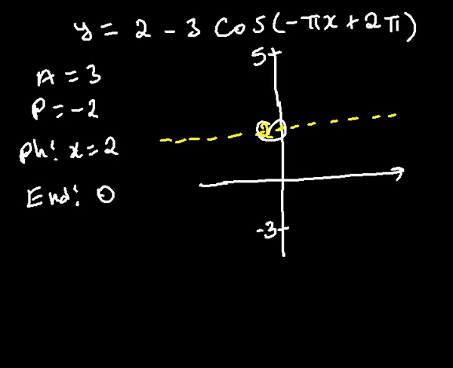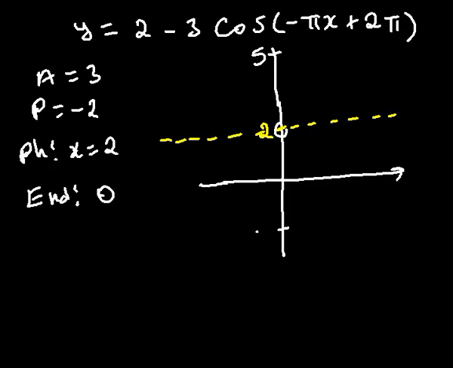Because from 0 to the origin, that is 2, and from the origin to negative 3, that is 3. By the way, from 2 to the origin, that is 2, and which means we should have here a negative 1.